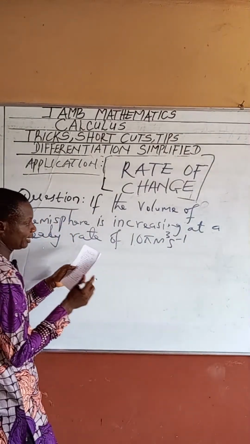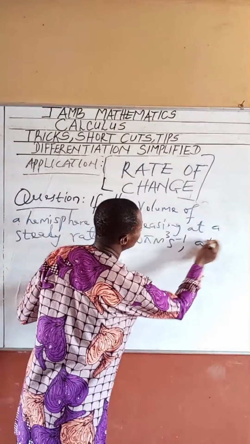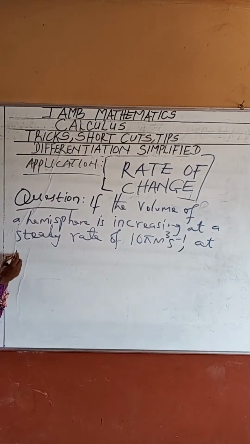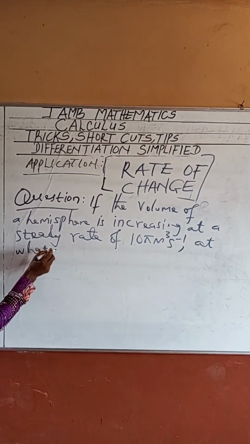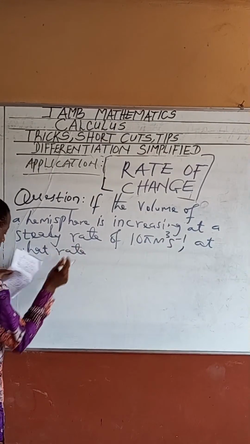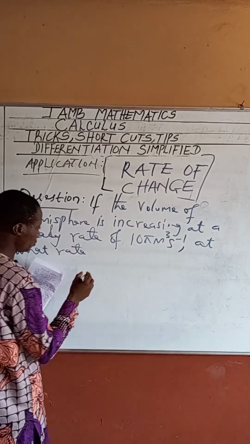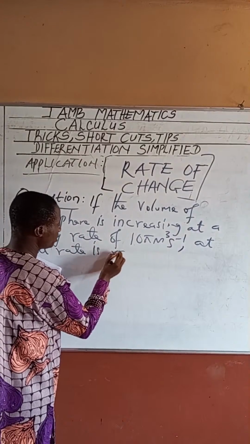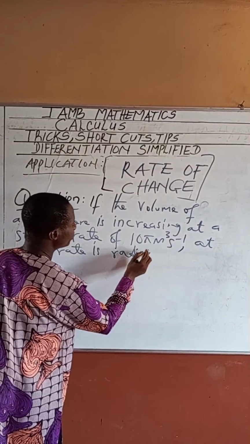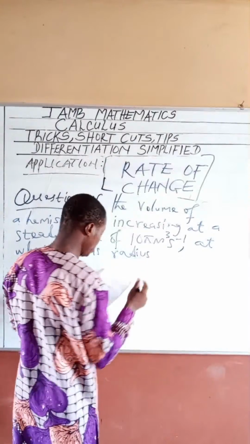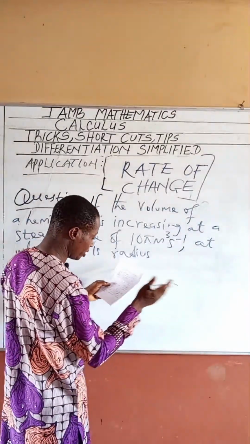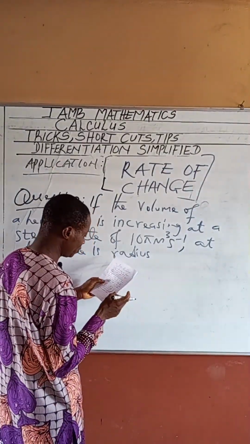At what rate is its radius changing? Please bear with me, the question is kind of long, but not too long. We're almost done.